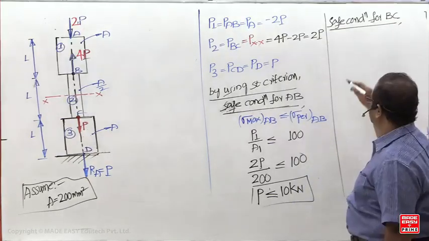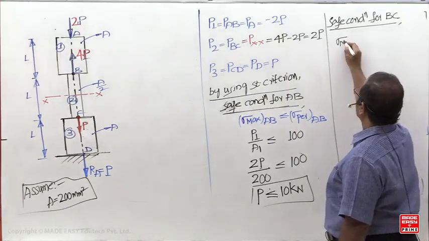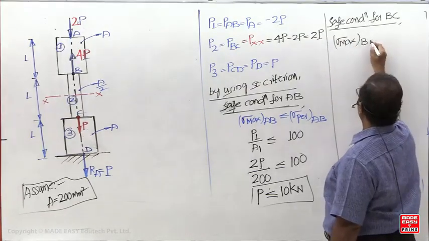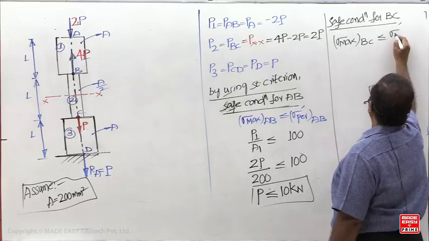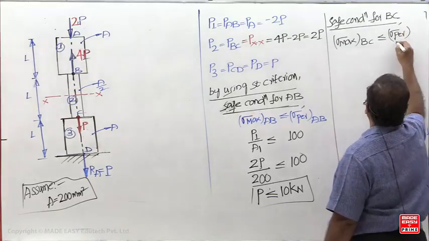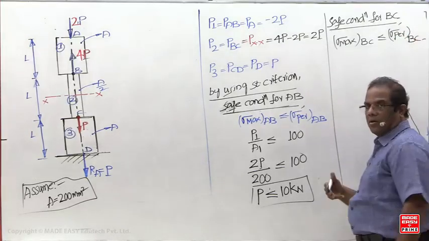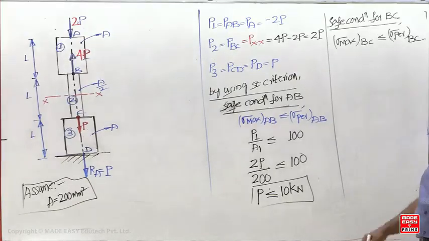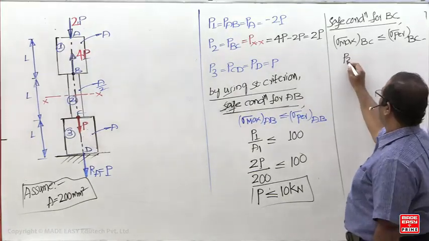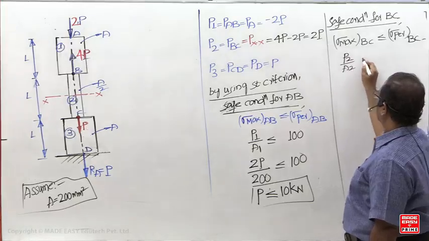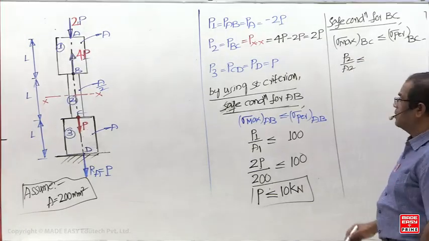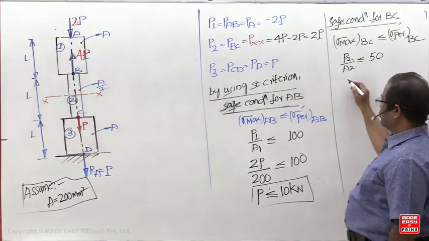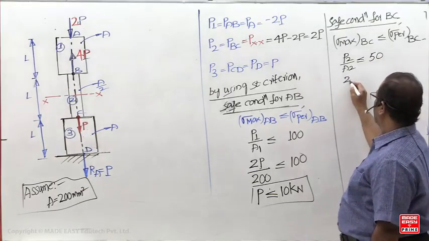Safe condition for BC. In the strength criteria, pure axial loading is going to give a uniaxial state of stress. So P2 upon A2. What is the permissible stress in BC given? 50. What is the P2 value? 2P.